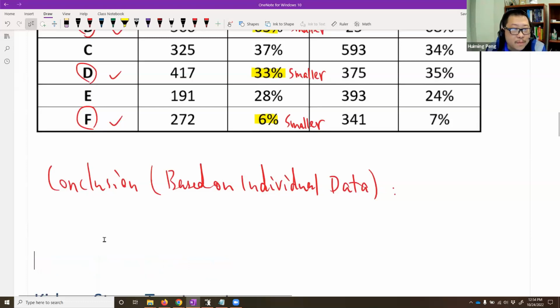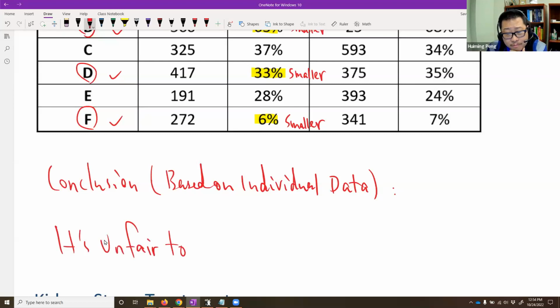Among 6 departments, 4 departments, these are the major departments at that time. 4 departments unfair to male students. So I can say the school is unfair to male students.